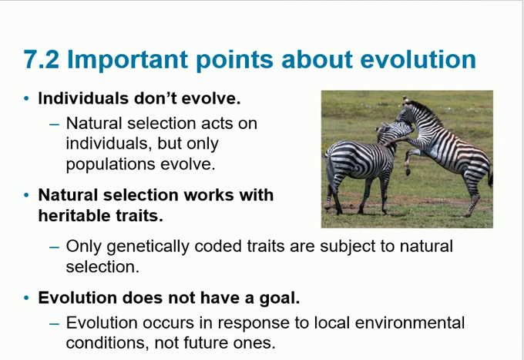The point here that's important to understand is that individuals do not evolve. Natural selection, we don't notice it in an individual. Okay, the natural selection is in a population. We don't follow one person that's evolving to the next to the next. It doesn't go like this.